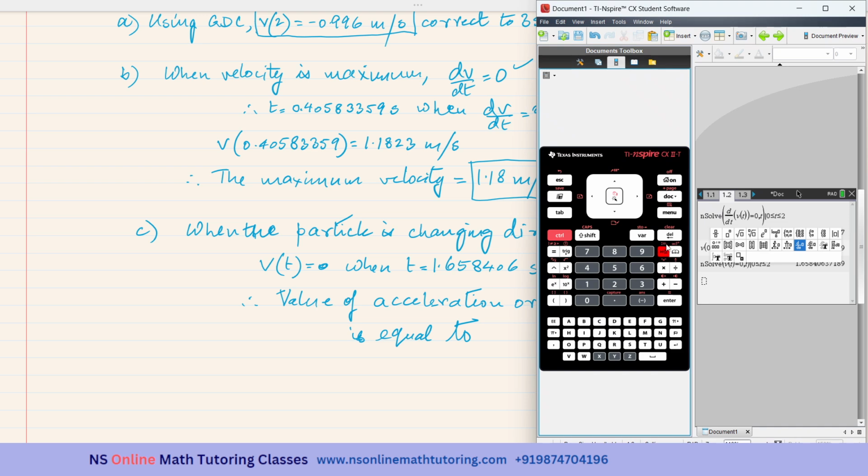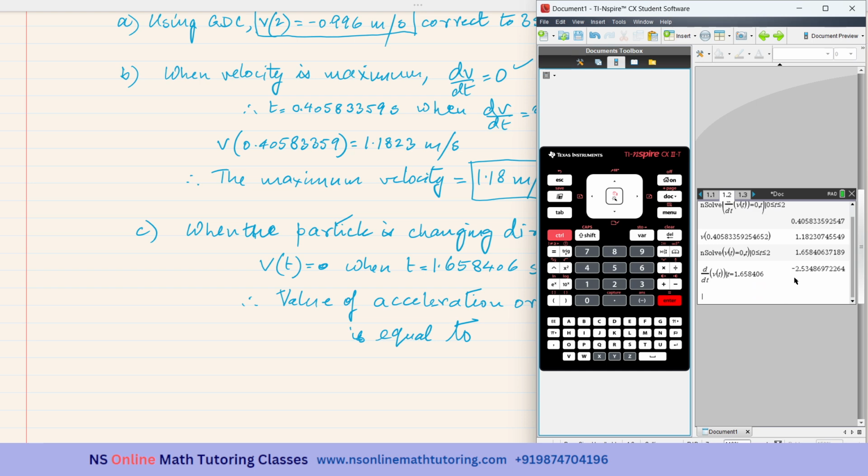So math template, it is the derivative with respect to t, and over here it is v of t, and I come over here, pipe, t equal to 1.658406.